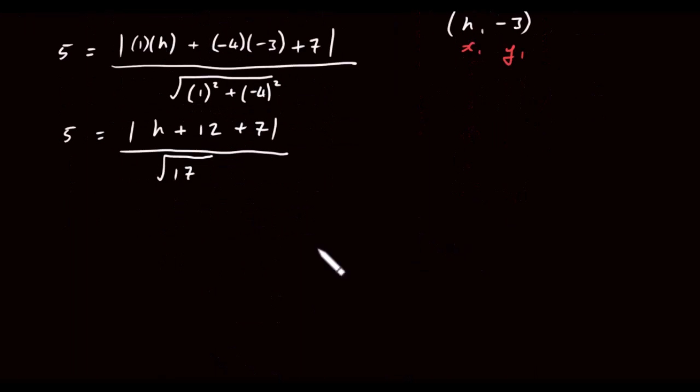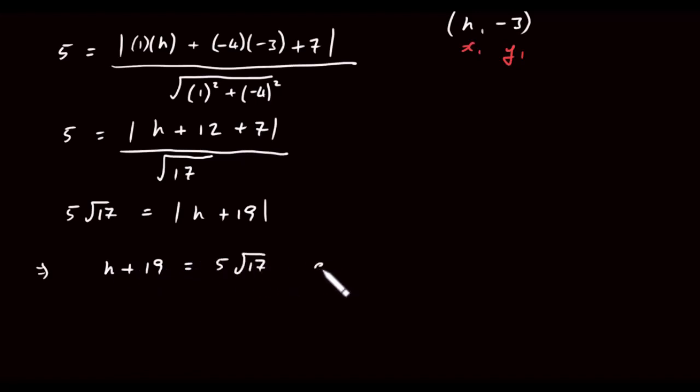Okay, so let's multiply across by that root 17, so you get 5 root 17 is equal to the modulus of h plus 19. So that just means that h plus 19 is equal to 5 root 17, or h plus 19 is equal to minus 5 root 17.